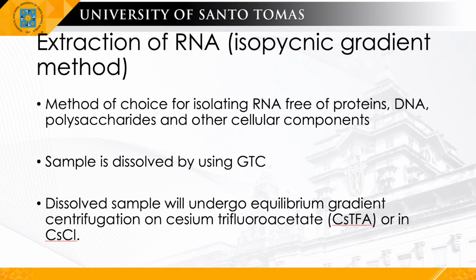So dissolved samples will undergo equilibrium gradient centrifugation on cesium trifluoroacetate or in cesium chloride. So that chloride or the trifluoroacetate here is used to inhibit the RNases present. The RNA fraction then is prepared by precipitating with ethyl alcohol.